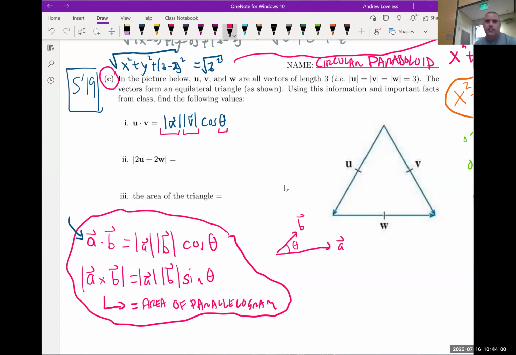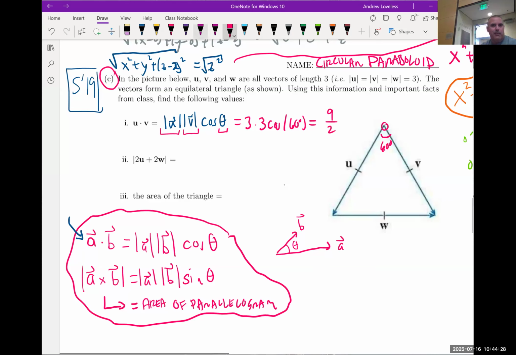Now they're already drawn tail to tail, so that's good news. And it's an equilateral triangle, so it's 60 degrees. So this is going to be 3 times 3 times cosine of 60 degrees. Cosine is the x coordinate on the unit circle at 60 degrees. And at 60 degrees, the x coordinate is smaller than the y coordinate. So it's 9/2. Is that what it came out to be? Good there.